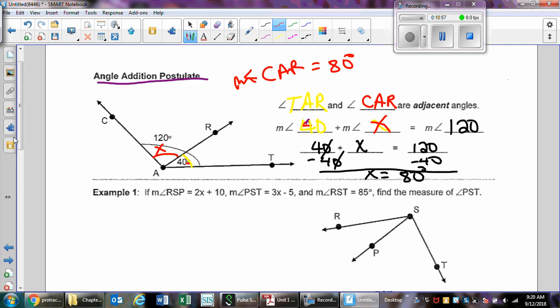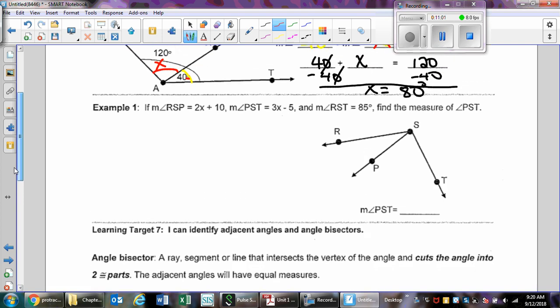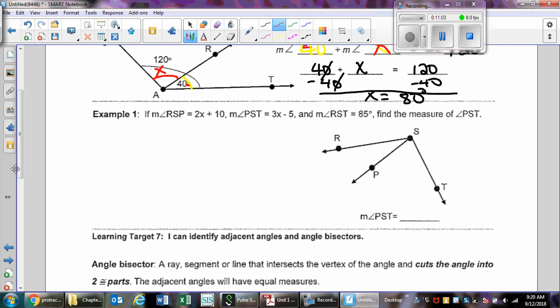Okay. All right, so it's kind of the same thing with the segment addition, but this is a little bit different. So I'm going to guide you with example one, but I want you guys to try it yourself. And every time you're given, it's better if you can color code what is given. And I have color pencils in the classroom that we can use, and that helps us to see which one we're talking about.